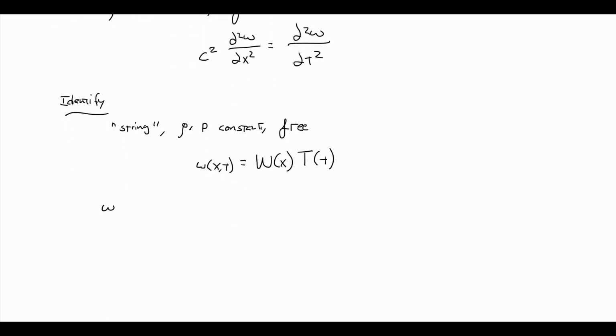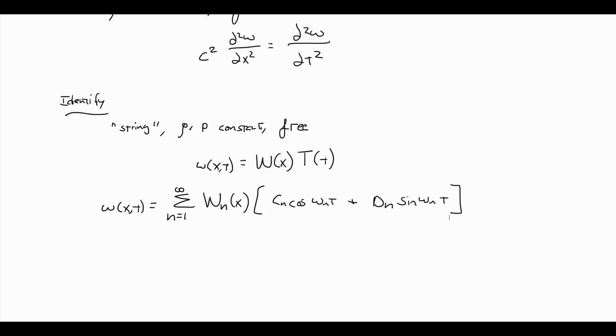And then the general solution is going to look like an infinite series, n equals 1 to infinity of the eigenfunctions, and the eigenfunctions will be their own step here, times a c_n cosine omega_n t plus a d_n sine omega_n t.